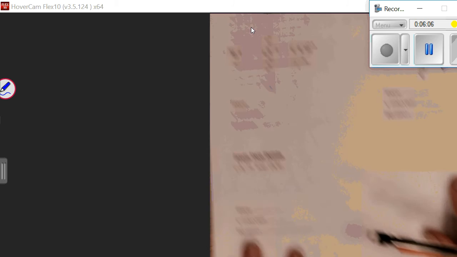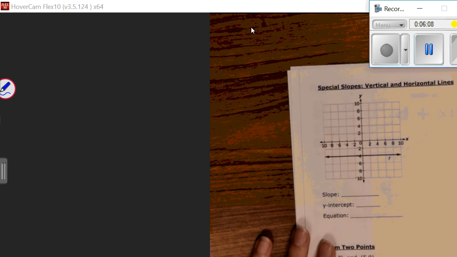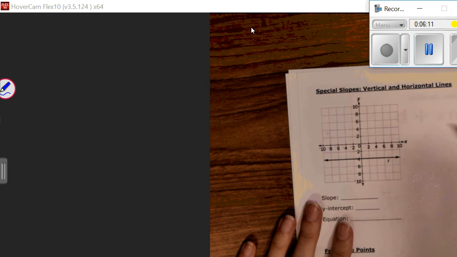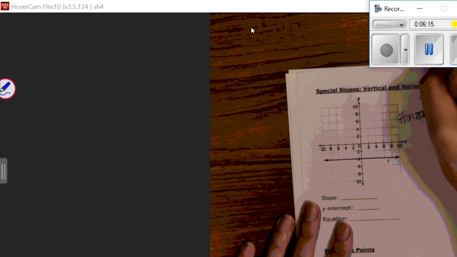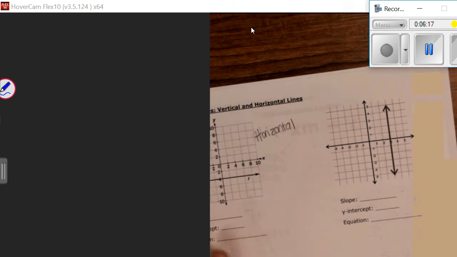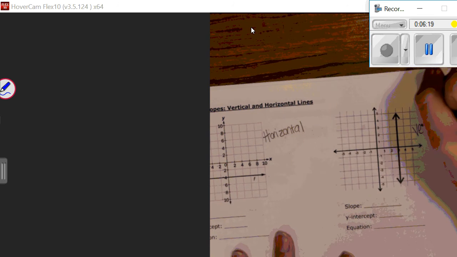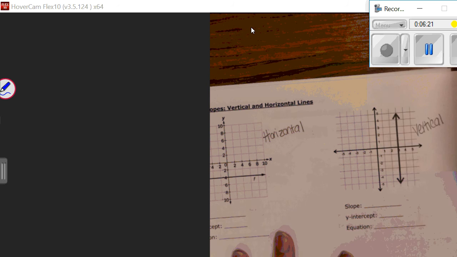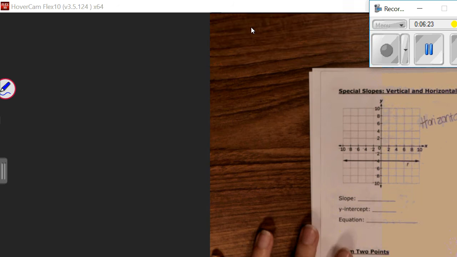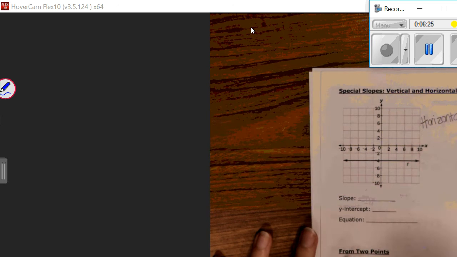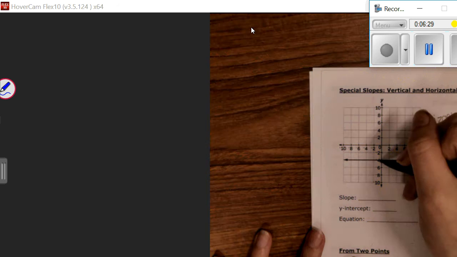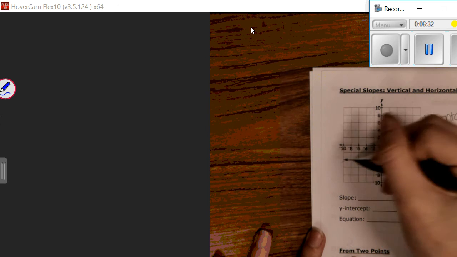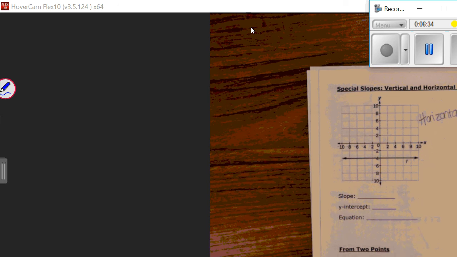Okay, so let's look at some special cases on the back of the notes. You notice here that we have a horizontal line, and I have a vertical line. If I think about my slope for this horizontal line, I don't have any change in y, and my change in x could be any number because it's going left and right an infinite amount.